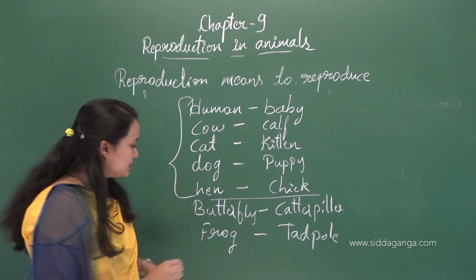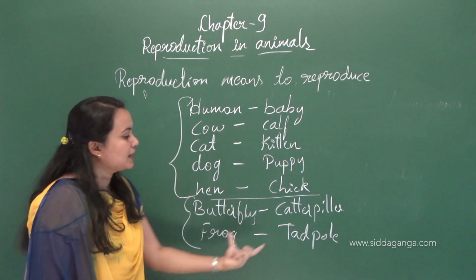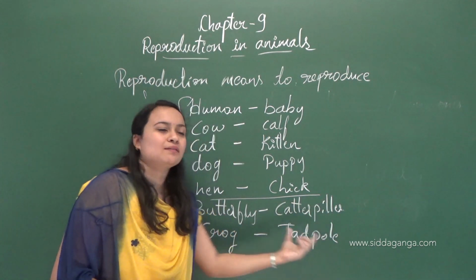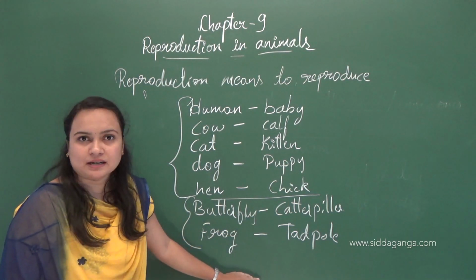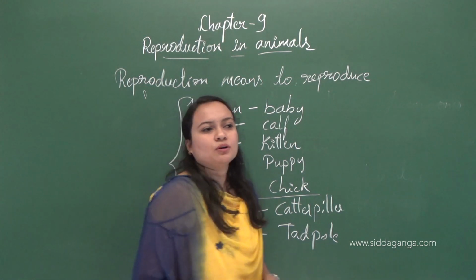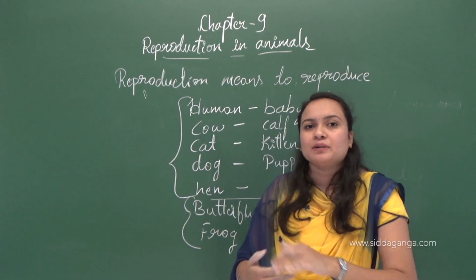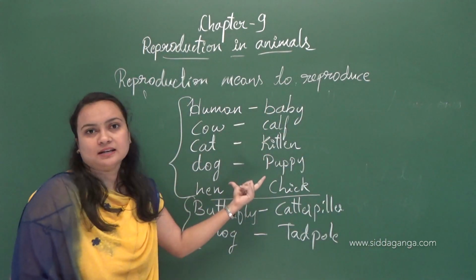So this is one case, and here the butterfly and frog and their young ones will be somewhat different. These are the lower organisms, and in some of the lower organisms, the developmental stages will differ from the higher organisms.